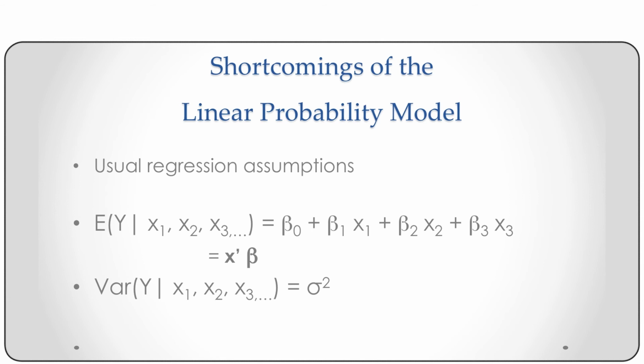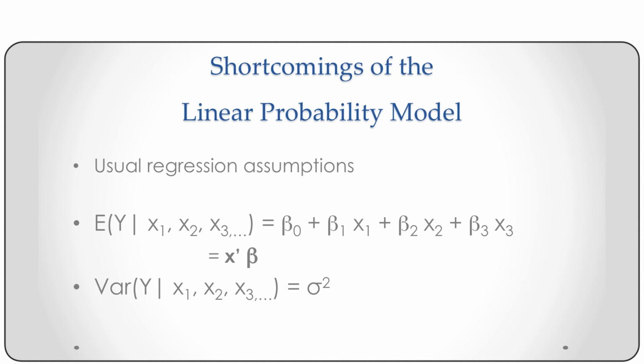Binary data typically leads to heteroscedastic errors. The reason is that each y conditional on x may now be considered to have a Bernoulli distribution. The mean of the Bernoulli distribution, as we specified, is the probability of y equal to 1, which is equal to x prime beta.